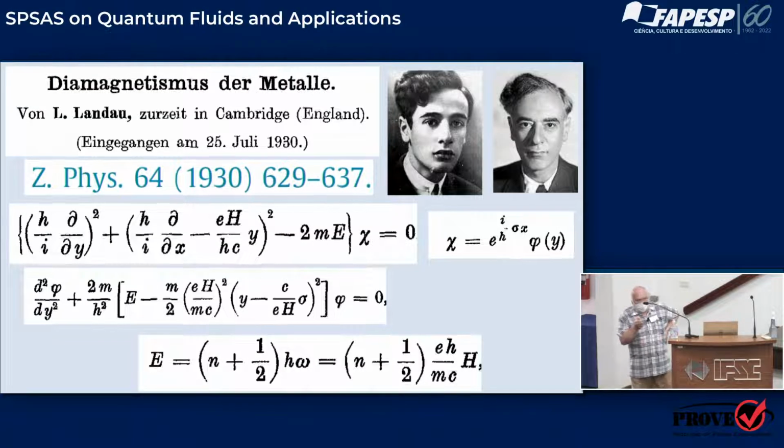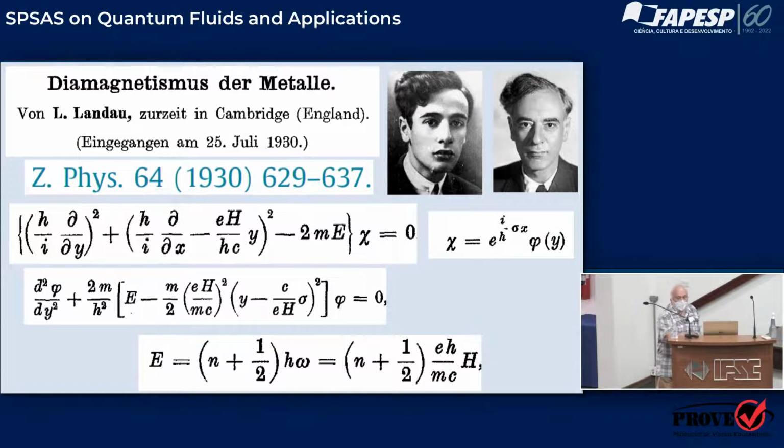And we know that in this case the Schrödinger equation, written here, can be solved with a trick: the wave function can be a product of the wave function of free motion in one direction, a plane wave, and some function in the perpendicular direction. And the solution in the perpendicular direction is the solution to the harmonic oscillator problem.